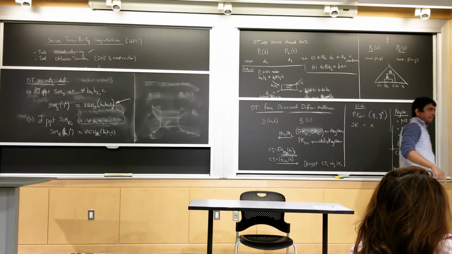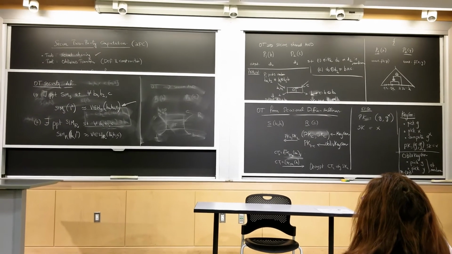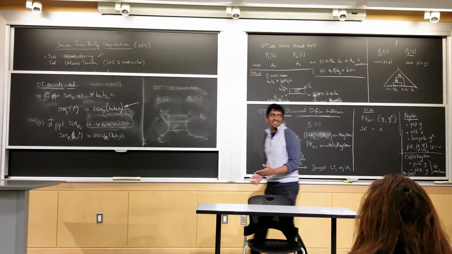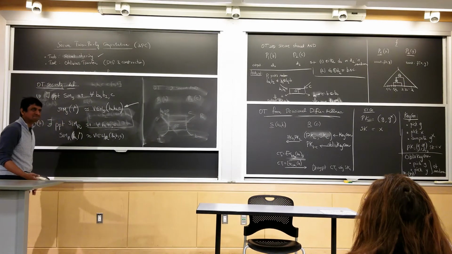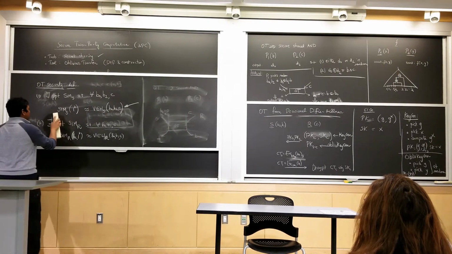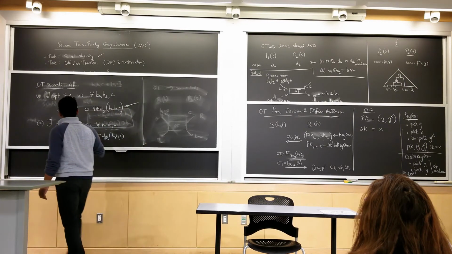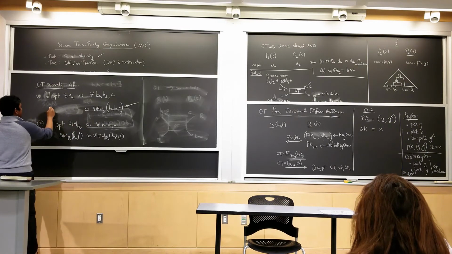Is there a reason the simulator can't depend on, say, the sender's inputs in the first case and the chooser's in the second case? Very good. That would be very strong, and unachievable. You got me.